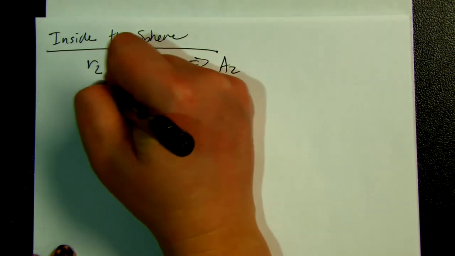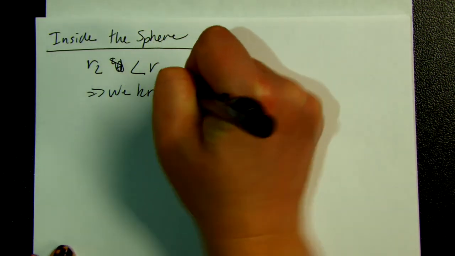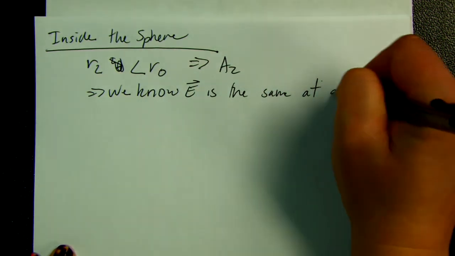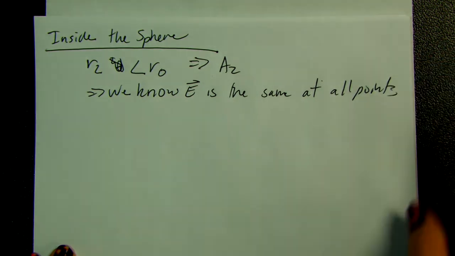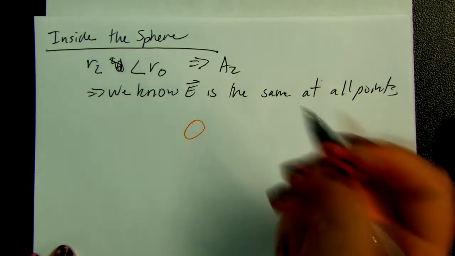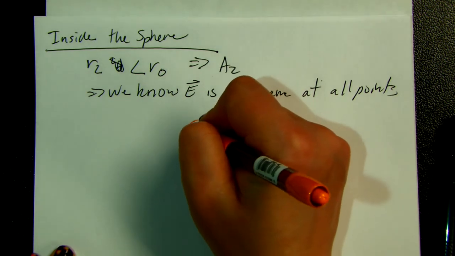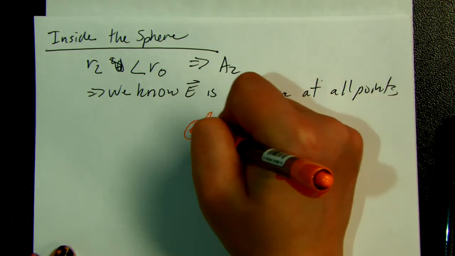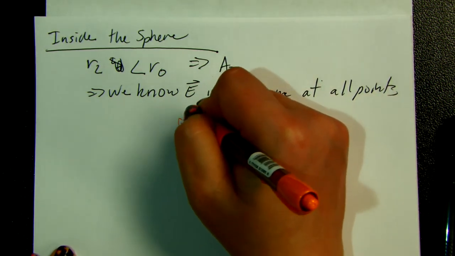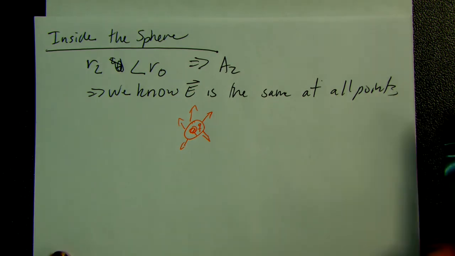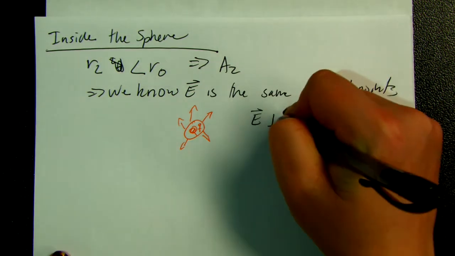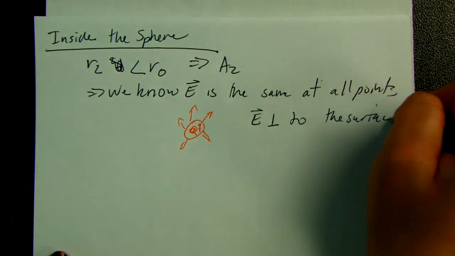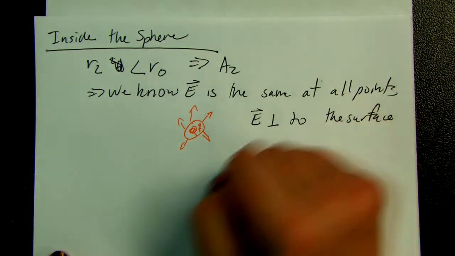So we know E is the same at all points. And then we know, even with this small area here, so there is definitely some Q. I'm going to call this little q. So we know there's some little q inside. And we know that E is going to be perpendicular to the surface at all points. Beauty of choosing a sphere.